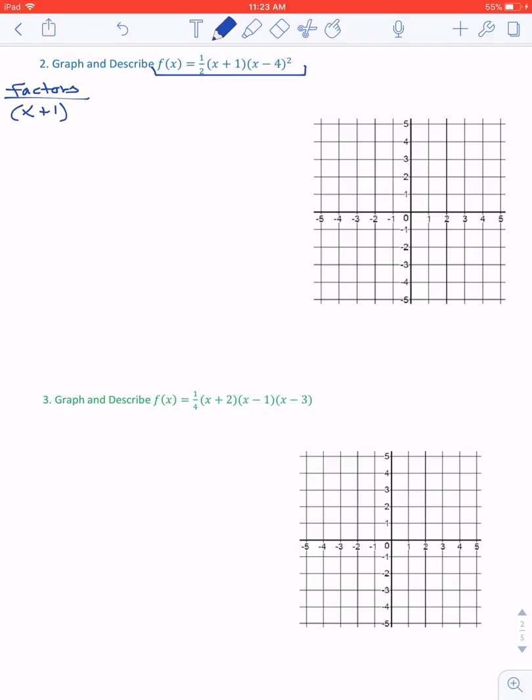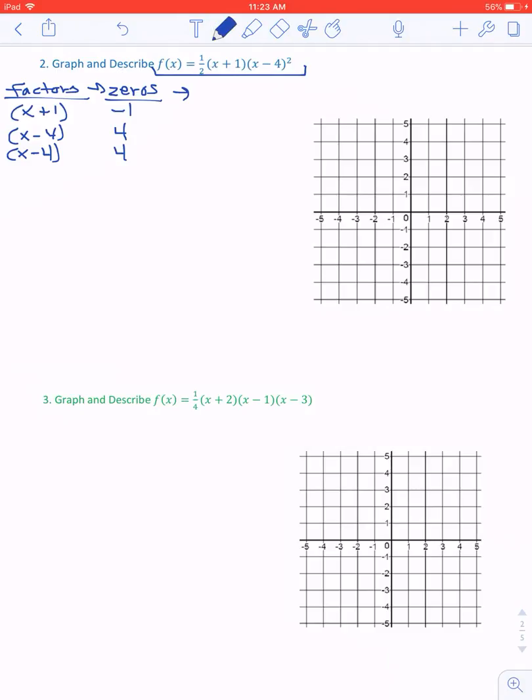And if you have x minus 4 squared, do you only have x minus 4 once? No, you have it twice. That's what squared means. All right, and your factors, what are they good for? They give you zeros, so what would x be to output a 0? And it's -1, 4, and 4.